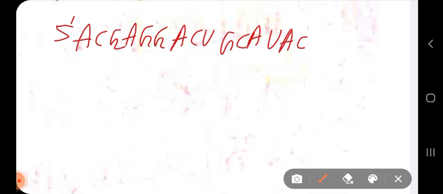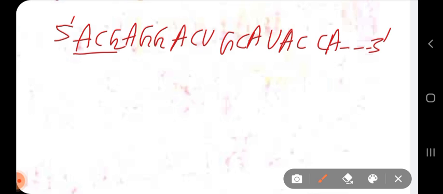Suppose I am writing an RNA sequence, 5 prime ACG AGG ACU GCA UAC CA, dot dot dot, 3 prime.